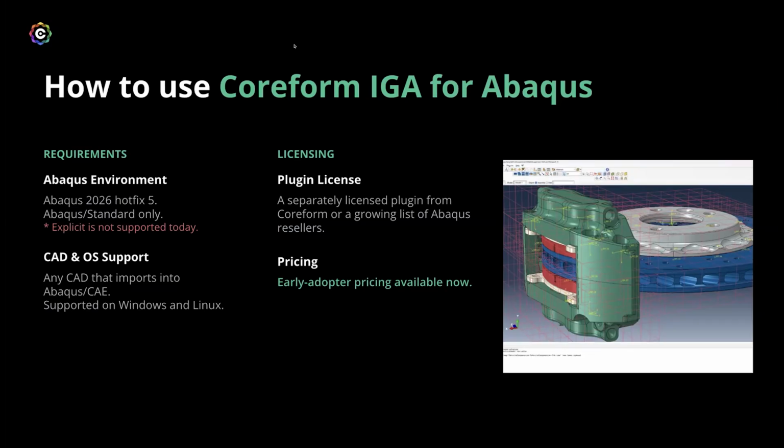Also, on compatibility, if you have importers for Abaqus CAE for different CAD files or CAD connectors, you can still use those. Otherwise, any other CAD that will import into Abaqus CAE, specifically BREP CAD, so STEP, ACIS, not faceted geometries like STL, those will work. It's also supported on both Windows and Linux for Solve and the GUI.